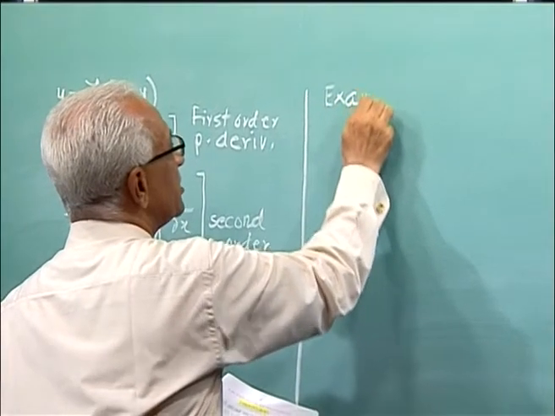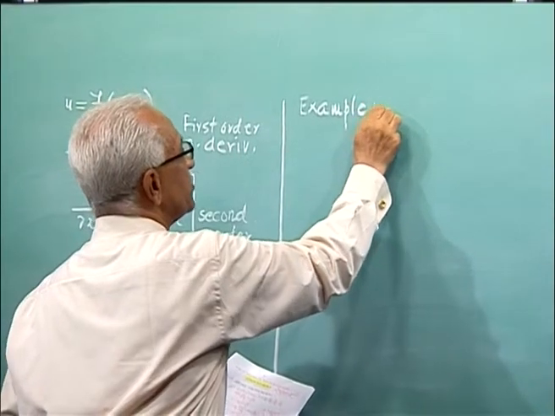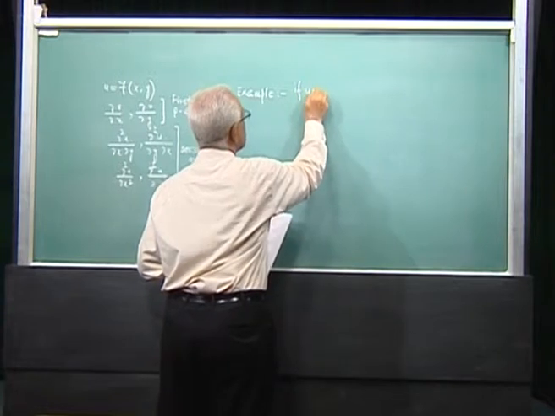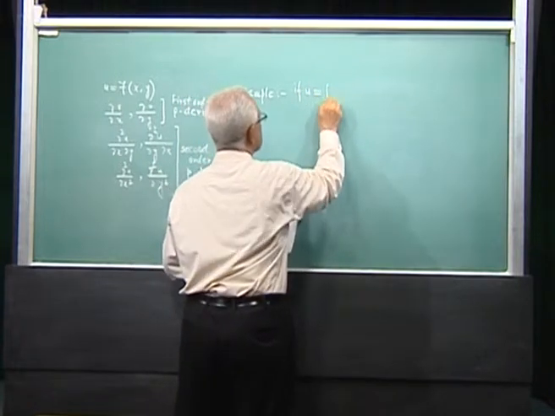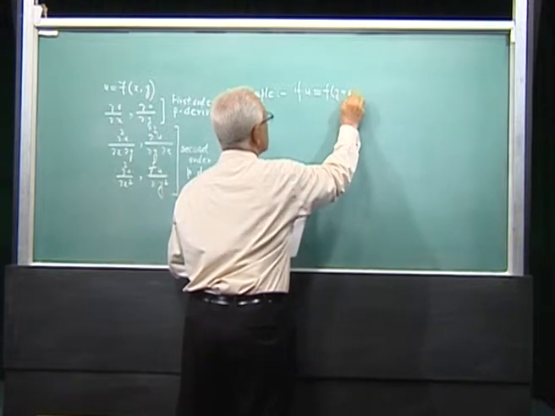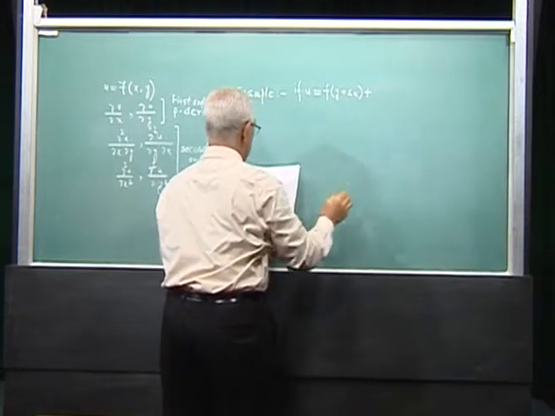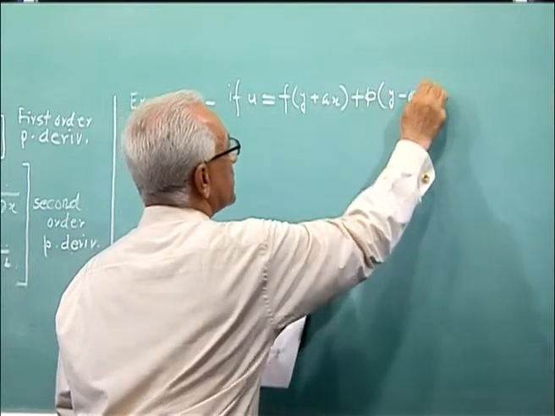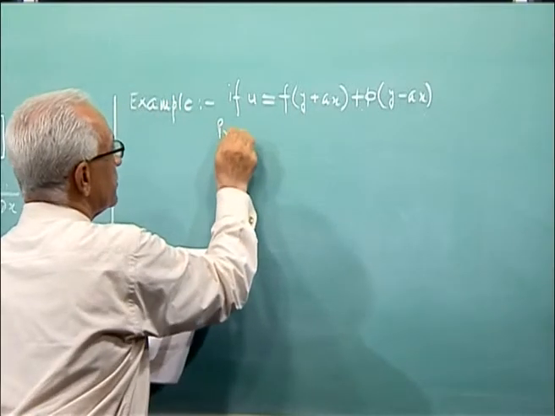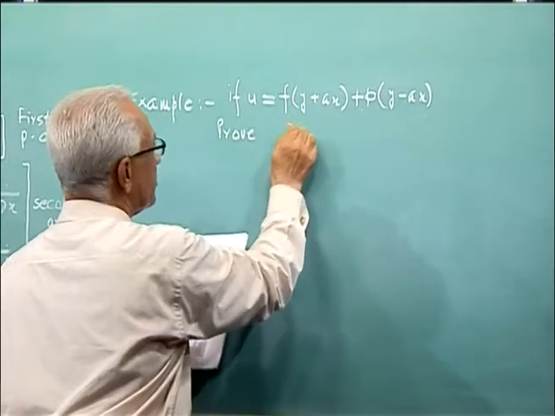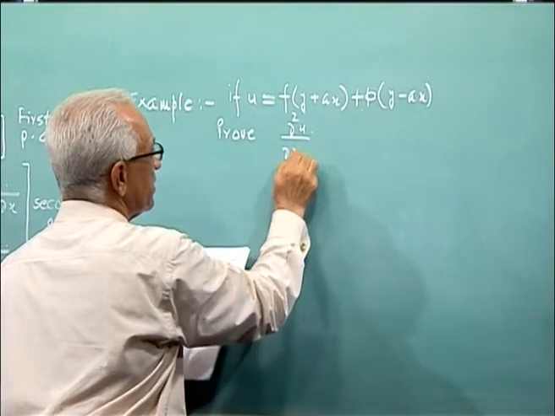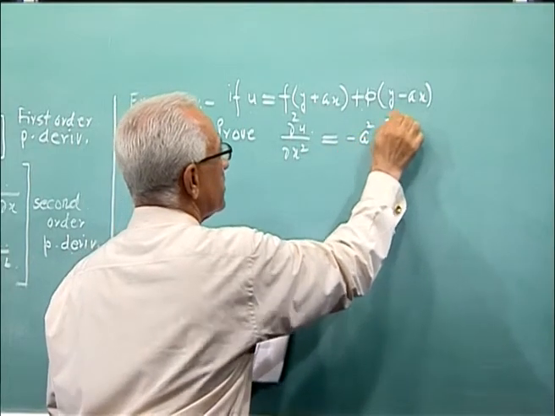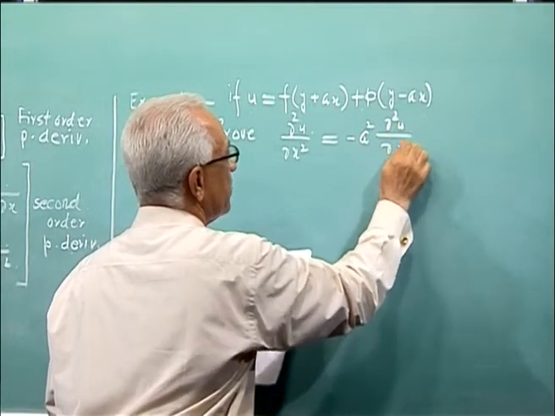One of the important examples, in the sense that it explains the whole thing of partial differentiation, is: if u is a function written as f of y plus ax plus phi of y minus ax, you are to prove that the second order d2u dx square is equal to a square times d2u upon dy square.